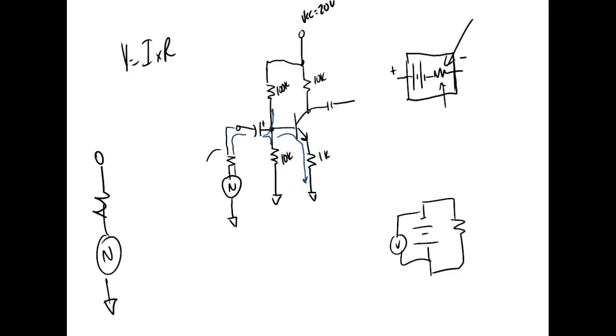So how much current is required by the input of that amplifier determines how much that drops. Okay, y'all understand this? Y'all following that?